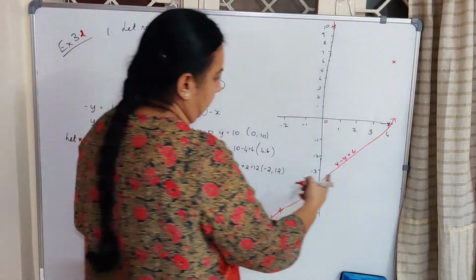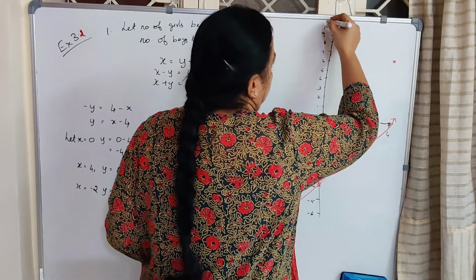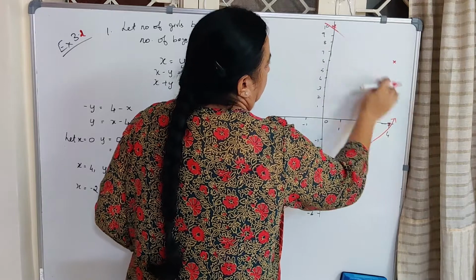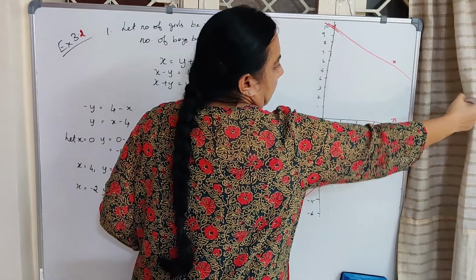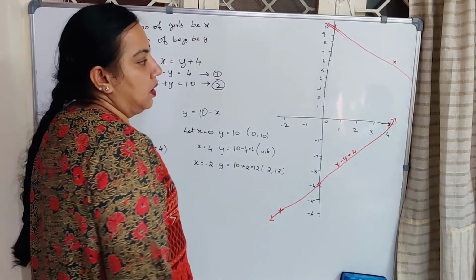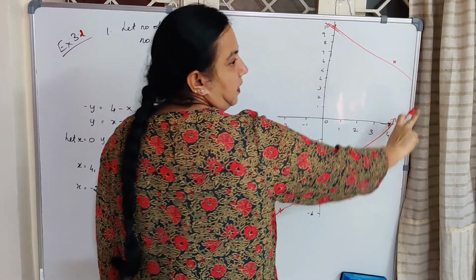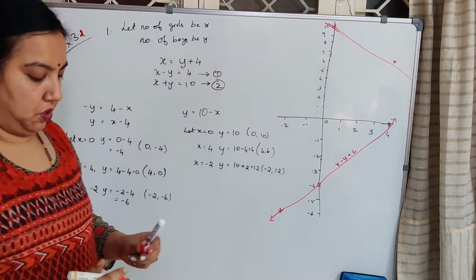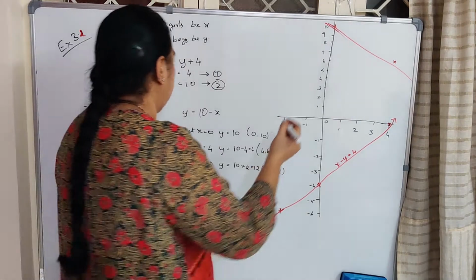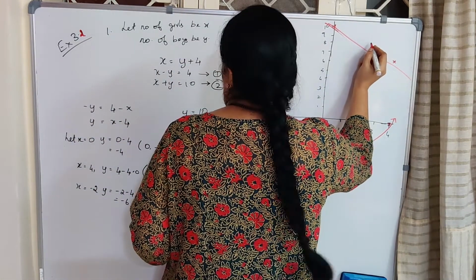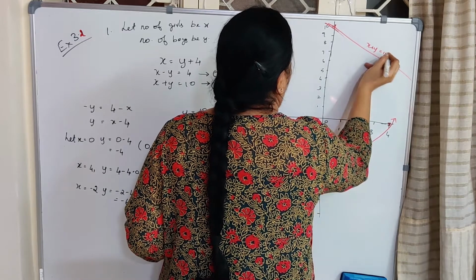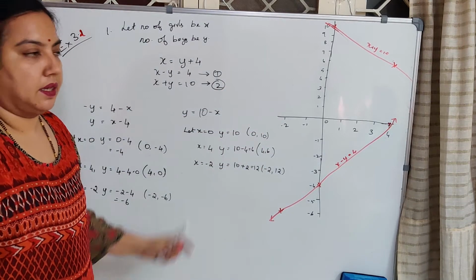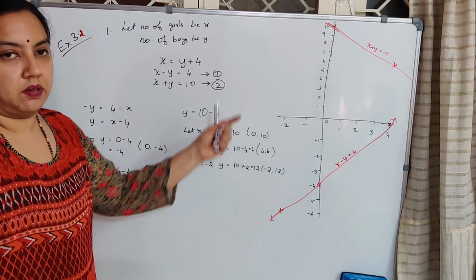Then minus 2 and 12. This line goes like this. Not like that, actually it goes more beyond the board. So these two lines intersect at this point somewhere, right? These two lines make one point of intersection, and we can be sure of it. Again, I will write here that this line is x plus y is equal to 10. This is how we mark lines on a graph.